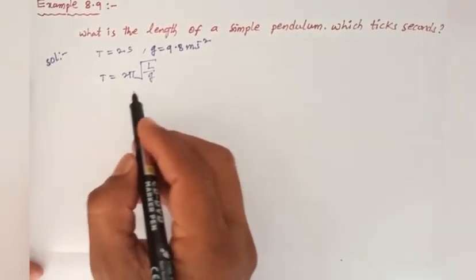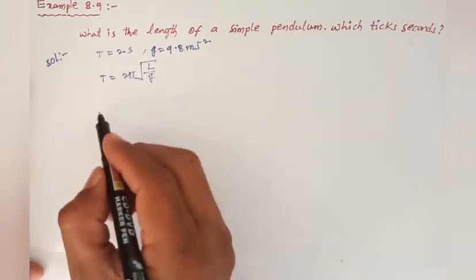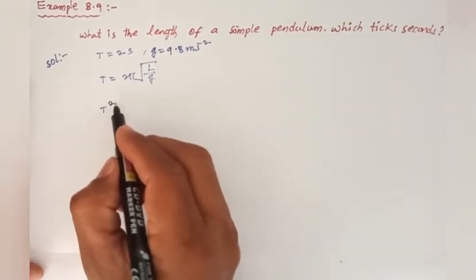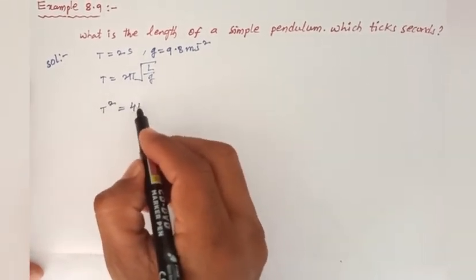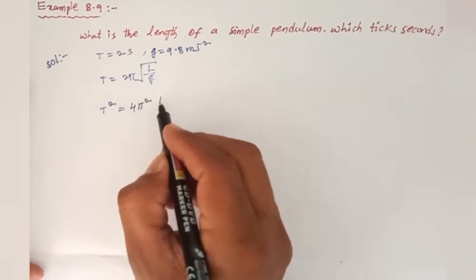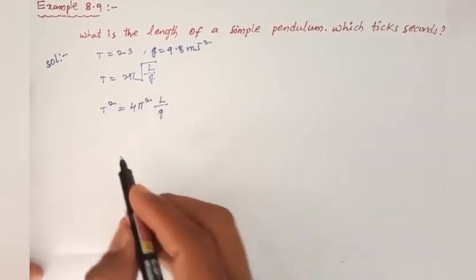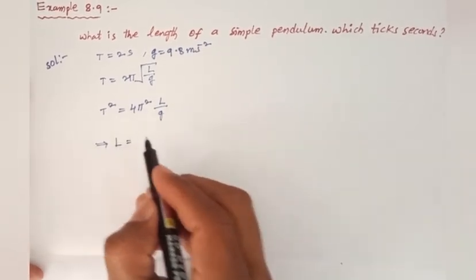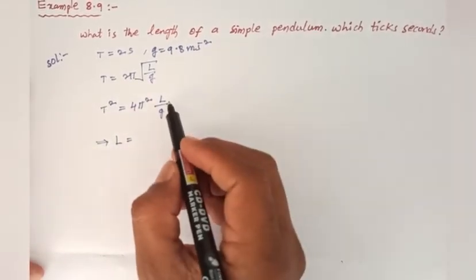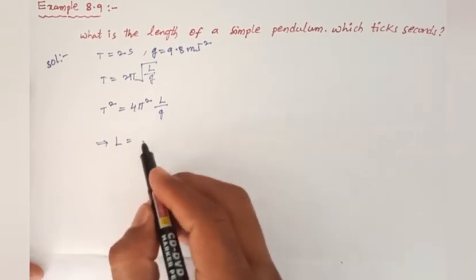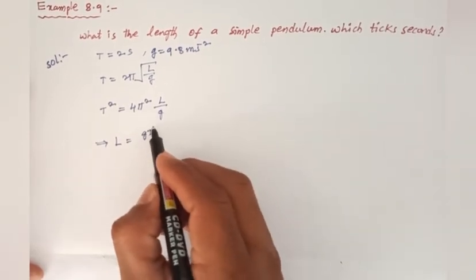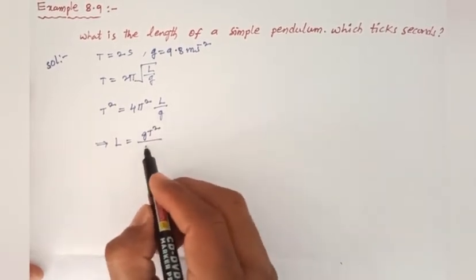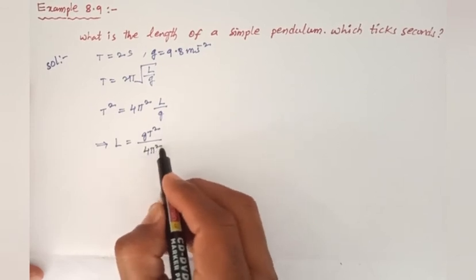Squaring both sides, T square equals 4 pi square L by g. So L equals g into T square by 4 pi square.